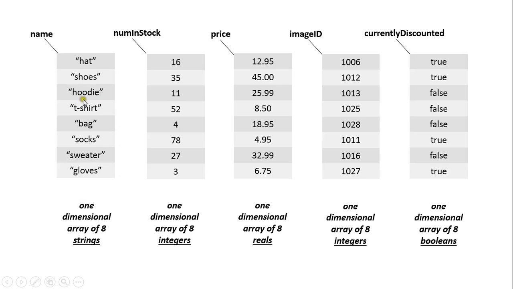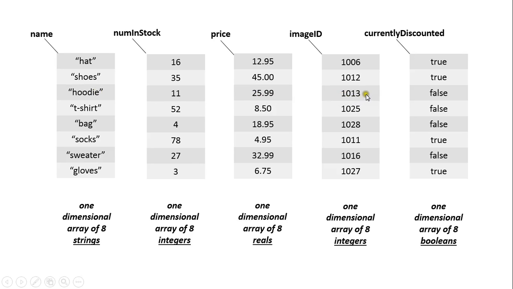So if I want to talk about hoodie, that would be name square brackets 3, or sweater would be name square brackets 7. And similarly, I have a one-dimensional array of integers, which is the number in stock that I have of each of these items. So I've got 11 hoodies, and each hoodie is £25.99.